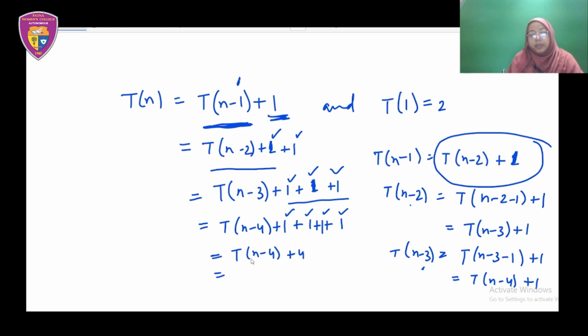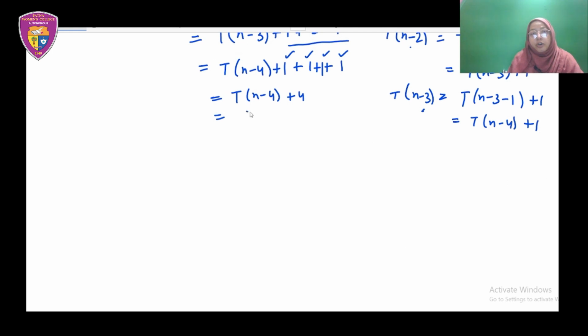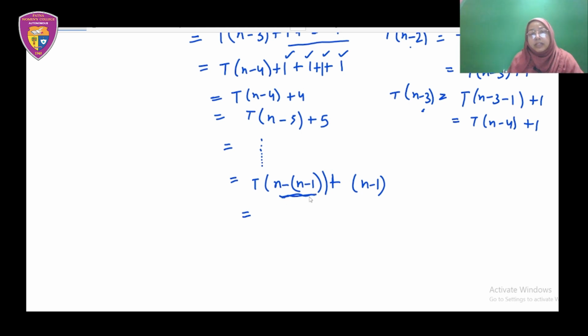And when we keep finding this, next time you will get T of n minus 5 plus 5. And as you go on, a time comes where you will subtract n minus 1, and here you will get T of n minus (n minus 1) plus n minus 1.